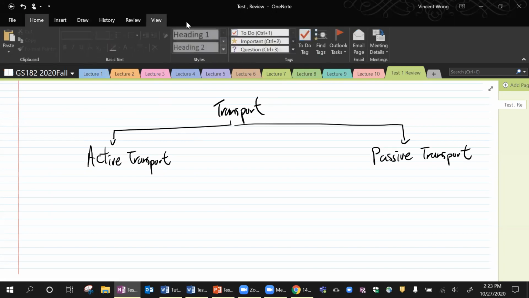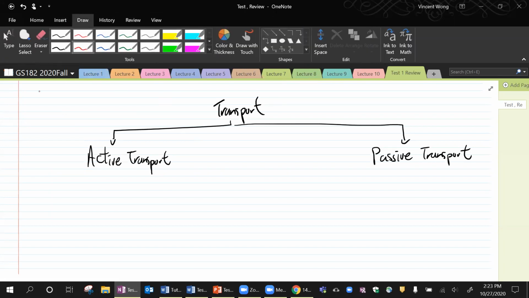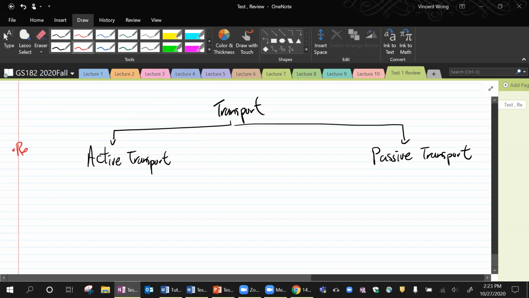So active transport is going to require energy, usually in the form of ATP, but not always. So it requires energy of some sort, and it's going to be against the concentration gradient.